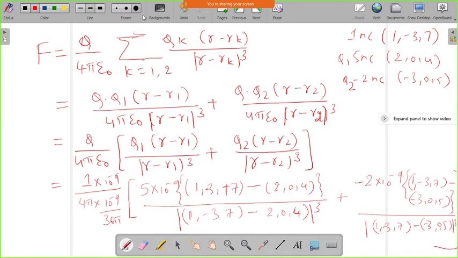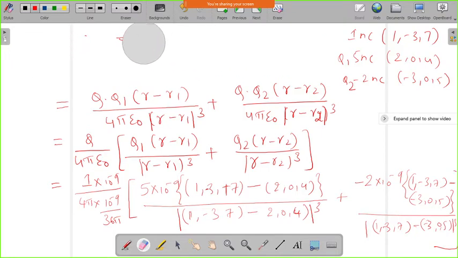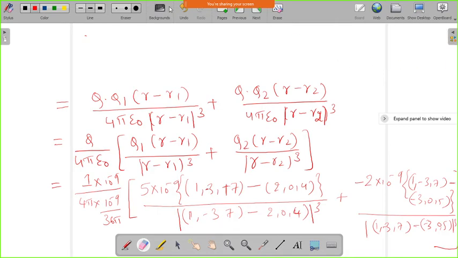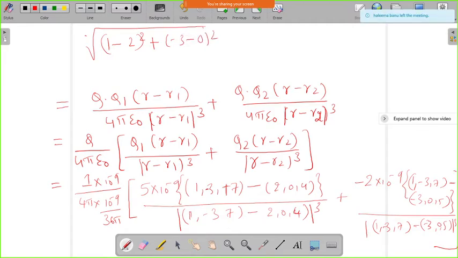Now we can find out the first one, what is the distance vector? That is square root of (1 minus 2) whole square plus (minus 3 minus 0) whole square plus (7 minus 4) whole square.